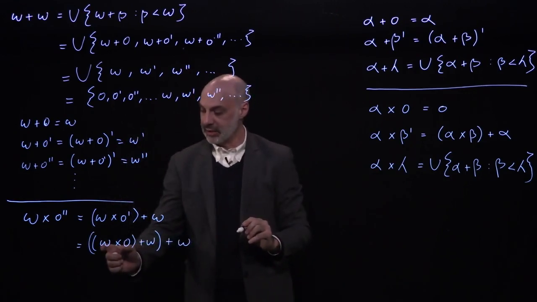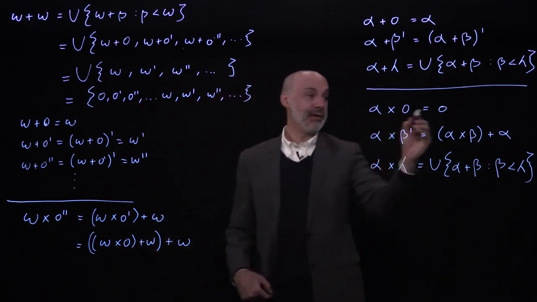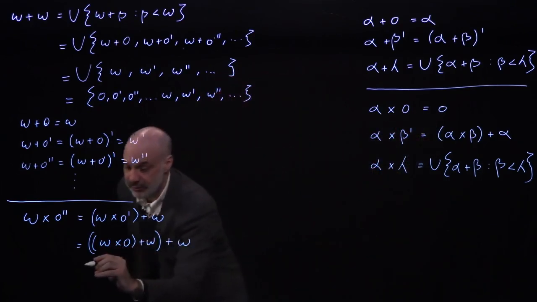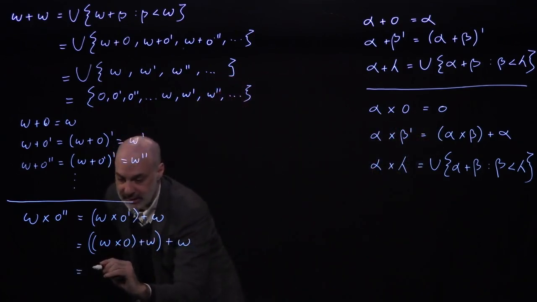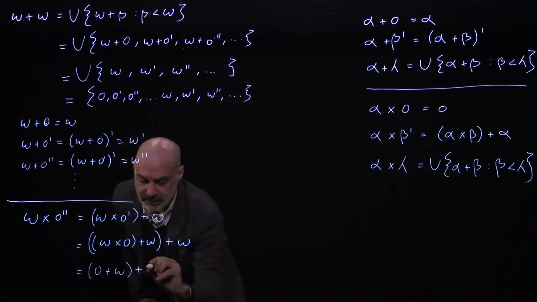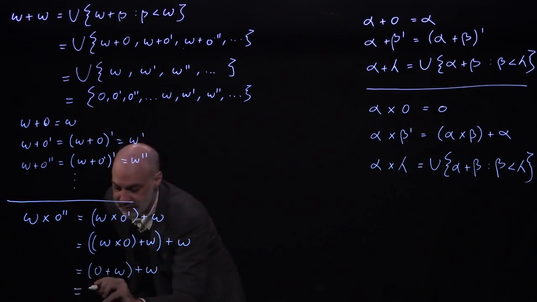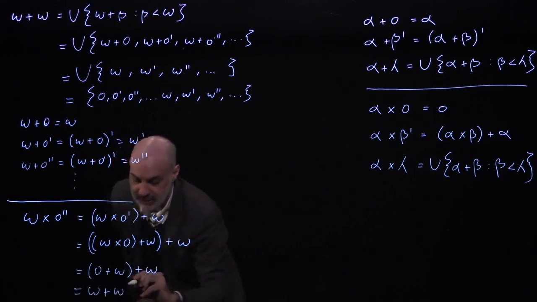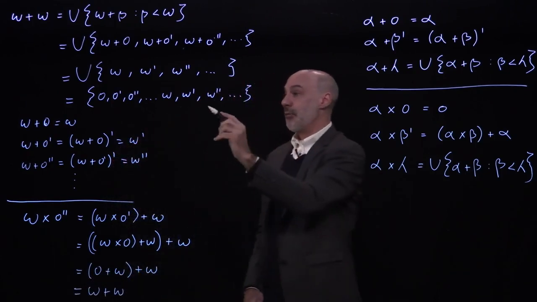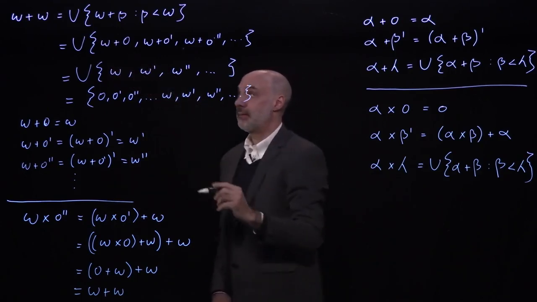And what about omega times 0? Well, by our first clause, that's just 0. So we get 0 plus omega, which is just omega plus omega. And by our previous result, we know what omega plus omega is.